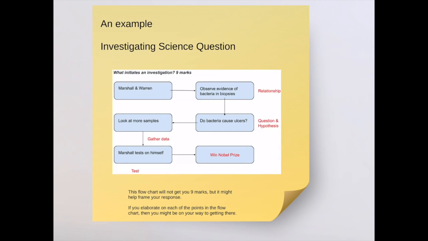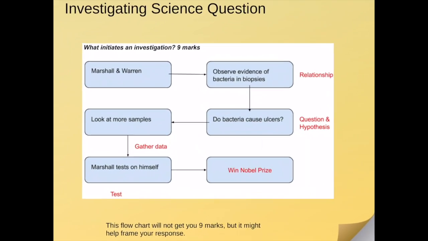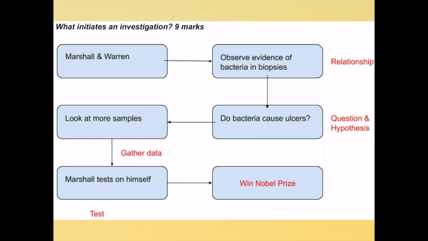Here's an example from Investigating Science. You're just looking at an inquiry question: what initiates an investigation? Very early on in the HSC or Year 12 course, you talk about Marshall and Warren.